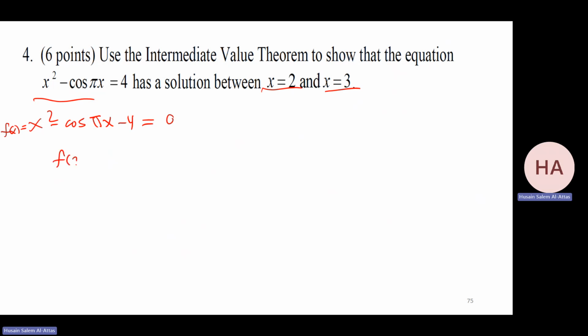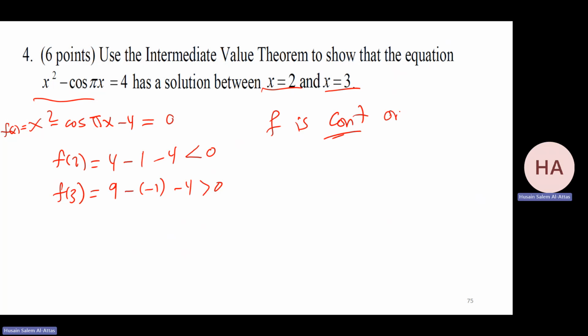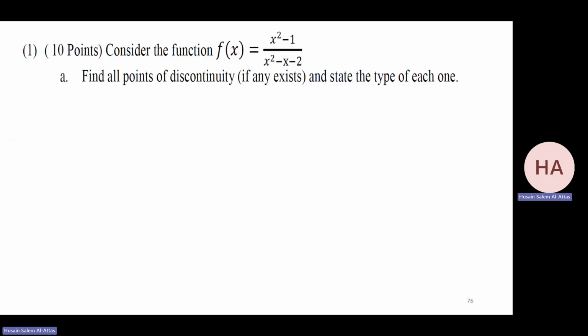So check f of 2: 4 minus cosine 2 pi, and cosine 2 pi is 1, so 4 minus 1 minus 4 is negative. f of 3 is 9 minus cosine 3 pi, which is minus 1, minus 4, clearly positive. That means there is a root, because f is continuous. Always check that f is continuous on the closed interval. I did not do it before, but you need to do it.